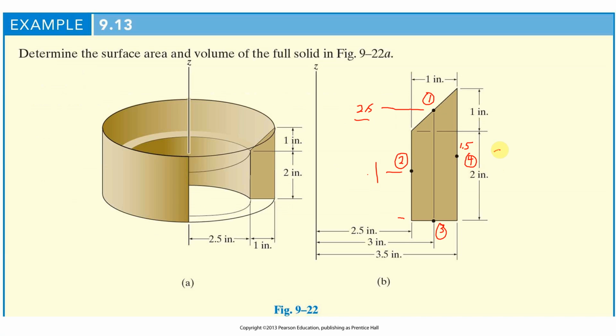The area equals, well, that's 1/2 times 1 plus 1, 1/2 inch squared. And we have to add this, which is 2 by 1 plus 2 equals 2.5 inches squared.